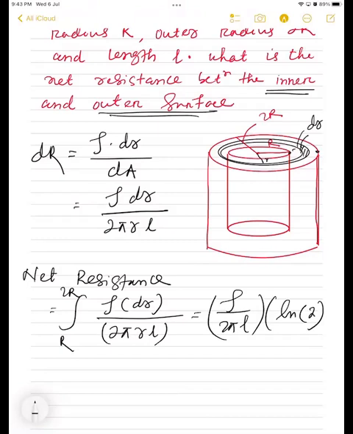This is the net resistance formula. All got? Understood, students?